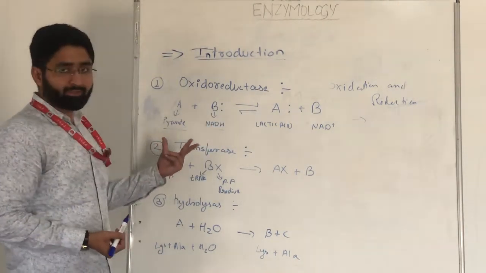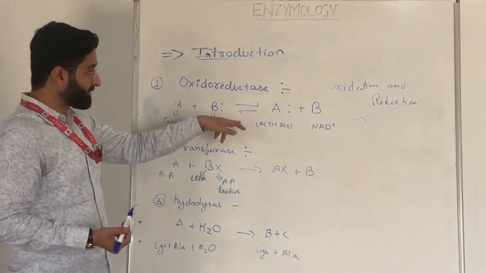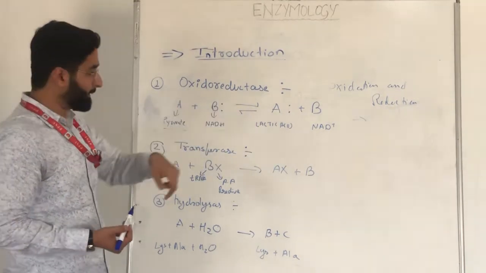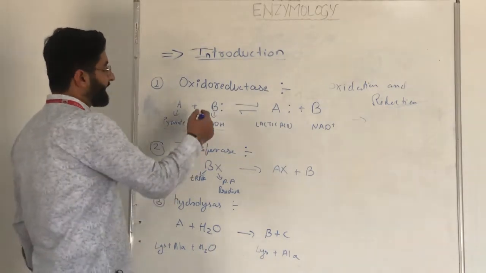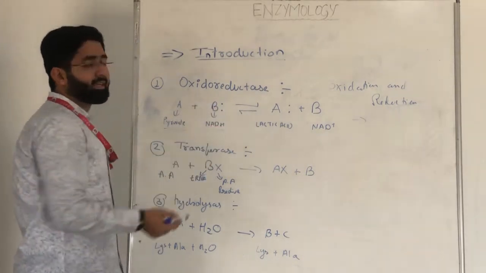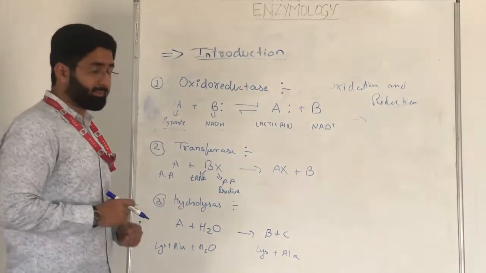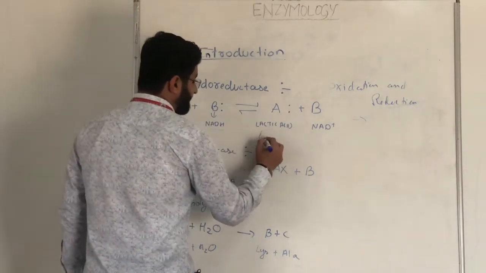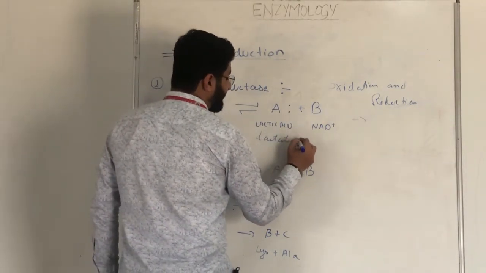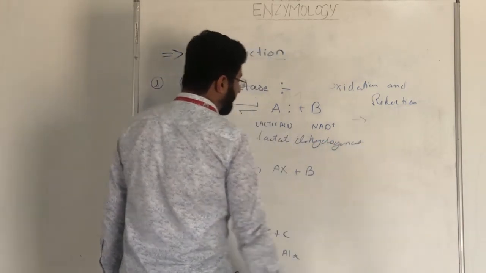As we know, oxidation and reduction are reversible and can go in either direction. So the enzyme either accepts the electron or releases the electron. Here the enzyme responsible is lactate dehydrogenase.